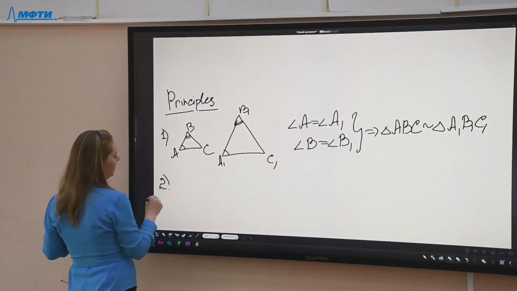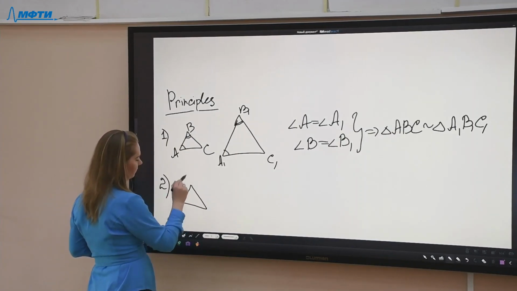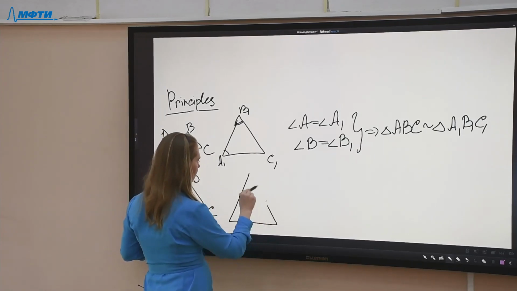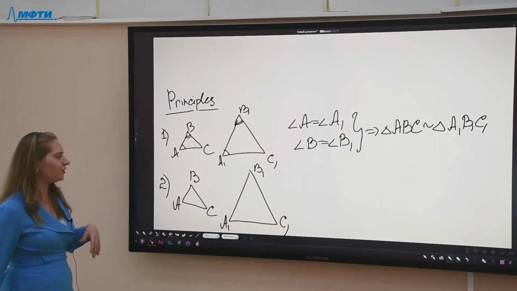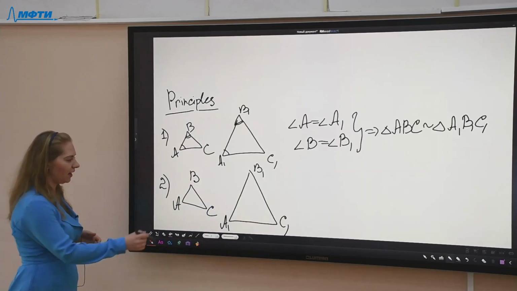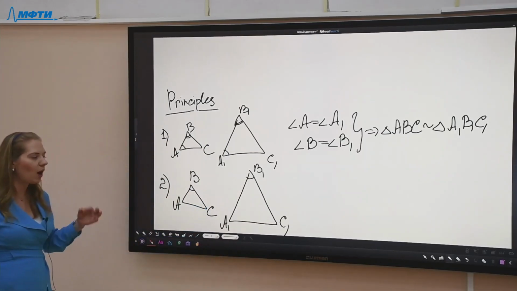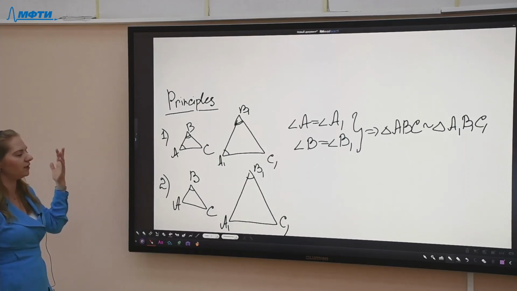The second case, again ABC and A1B1C1. And now we have just one pair of congruent angles, this angle and this angle, and we have one pair of proportional sides.